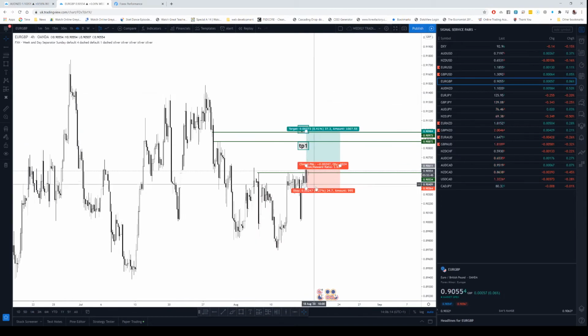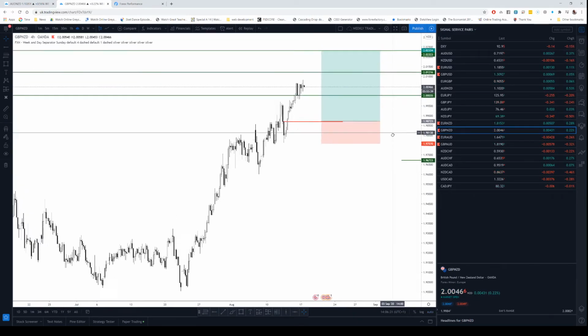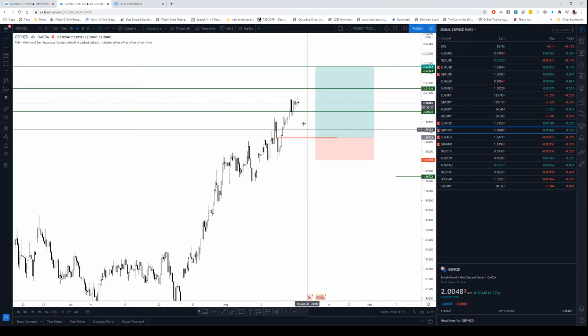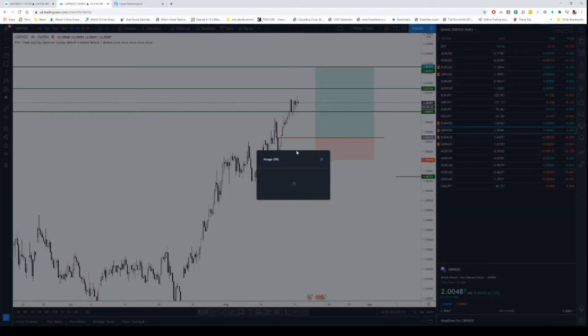This one will then drop, and then this one will continue on its up movement. So it's a scenario I'm playing in my head. Let's see if we get something like that. But I do like this level there. So let's take another picture of this and then post that one too.